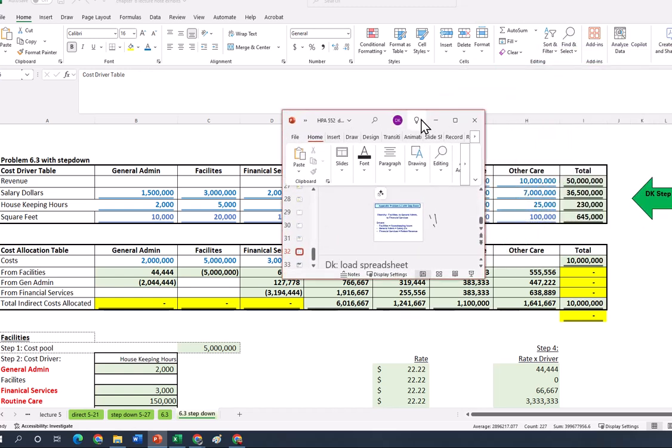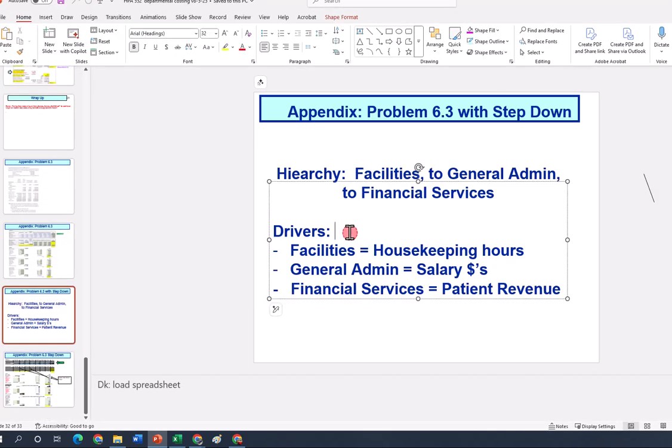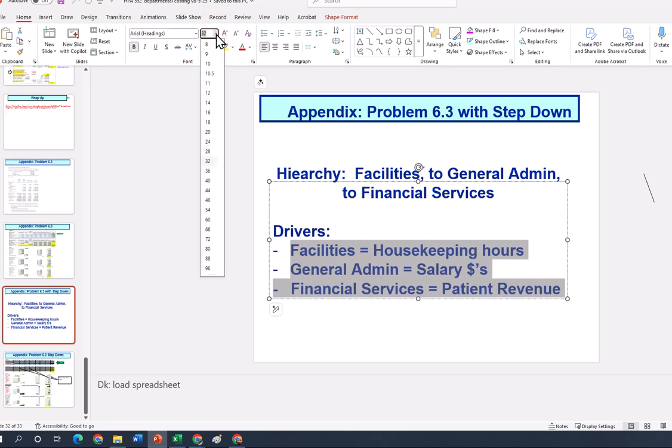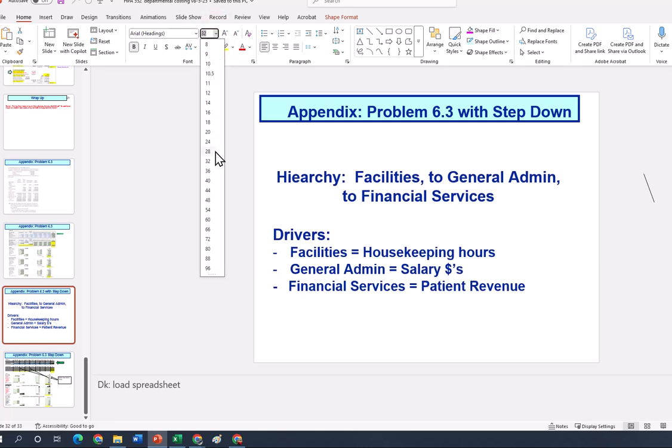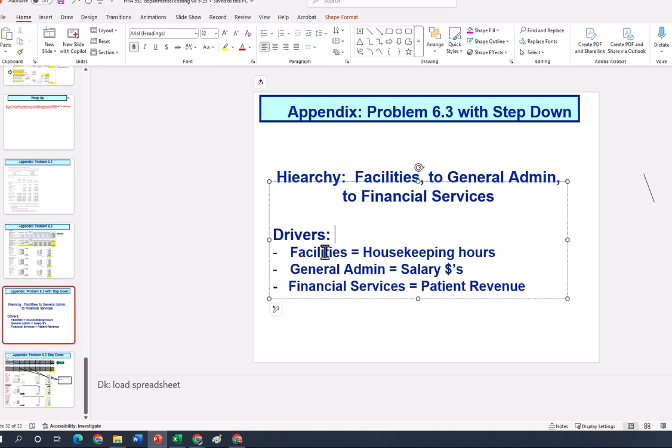We'll do a step down. And what we're going to do, we're going to say a hierarchy of facilities to general admin to financial services. And then the drivers for facility, let's use housekeeping hours. General admin, let's do salary dollars, financial services, patient revenue.